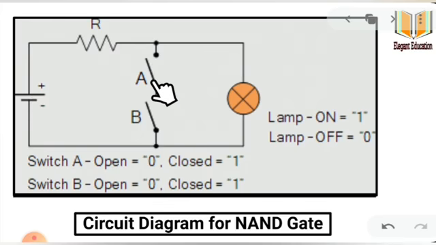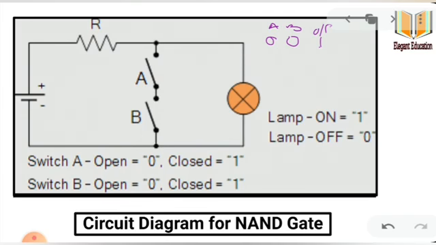When both the inputs are open, that is 0 0, say this is A and this is B, current passes through this resistance and the lamp is glowing. So what is my output? Output is equal to 1.